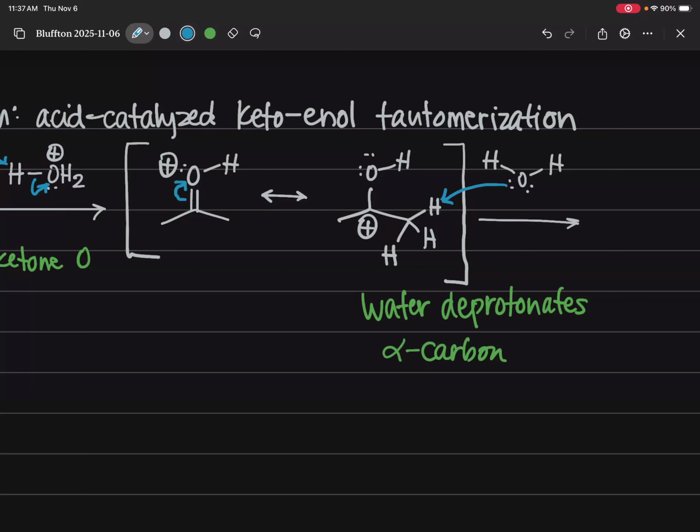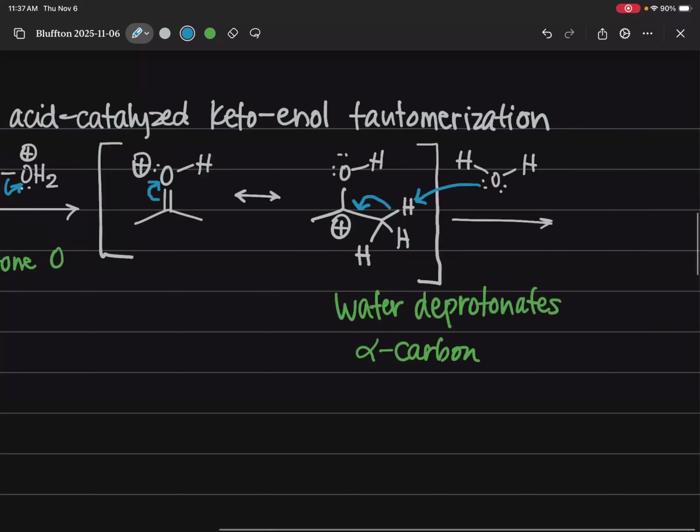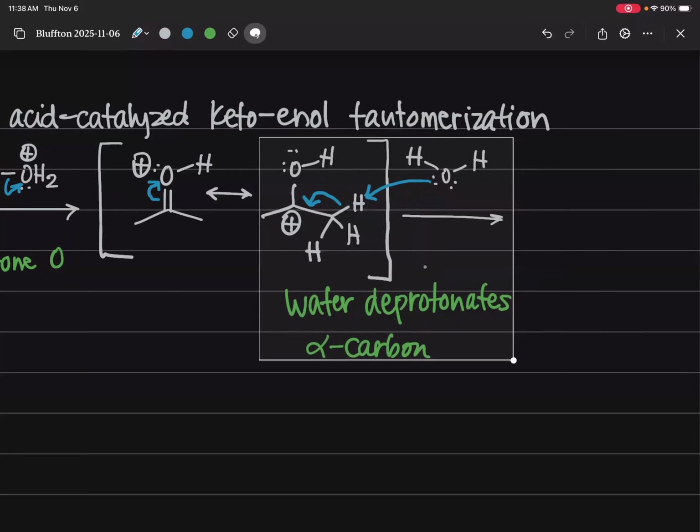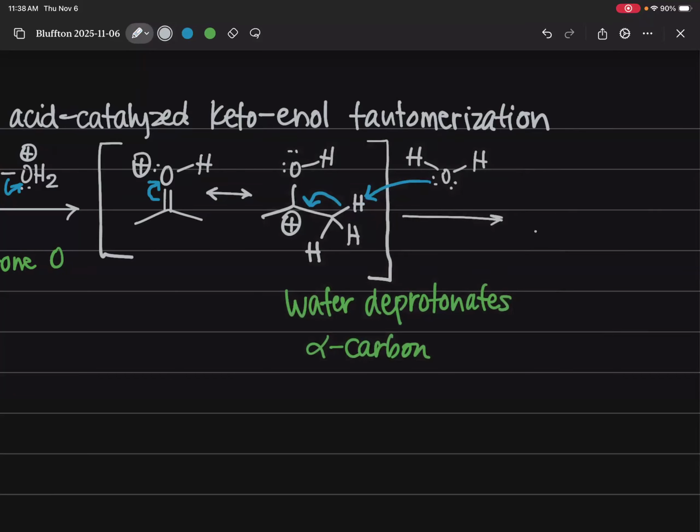And those electrons are going to go to make a double bond between those carbons. And there we have our enol.